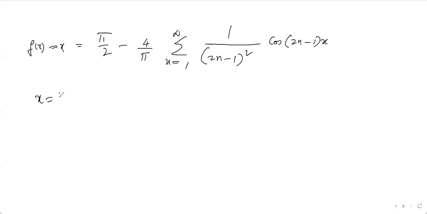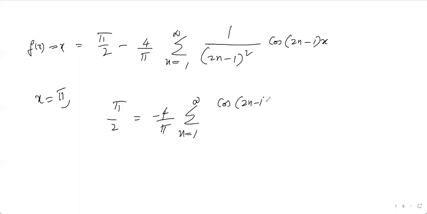So this would be pi by 2 equals minus 4 by pi summation n equals 1 to infinity cos 2n minus 1 into x by 2n minus 1 whole square. Now this would be pi square by 8.